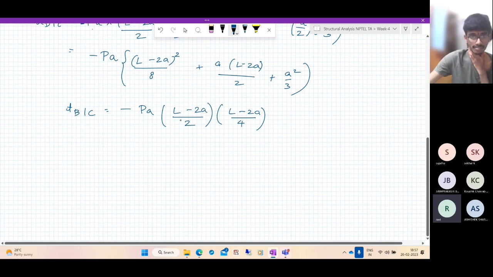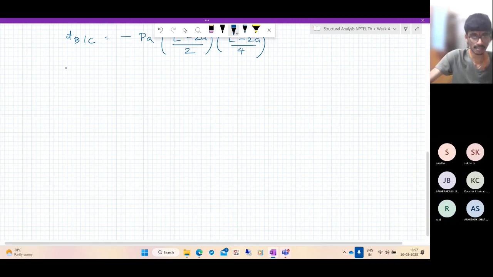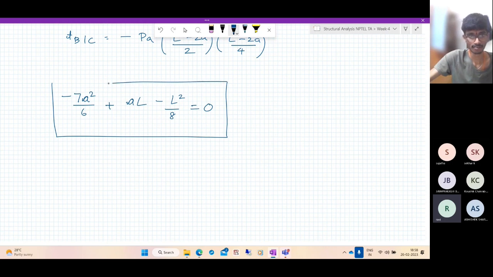So PA on both sides will get cancelled. You get a quadratic equation, which is this. Let me write it down directly. We'll get minus 7 A square by 6 plus AL minus L square by 8 equal to 0. So this is the condition that should be satisfied for the deflections to be equal.